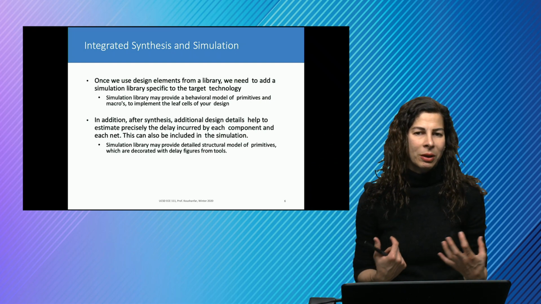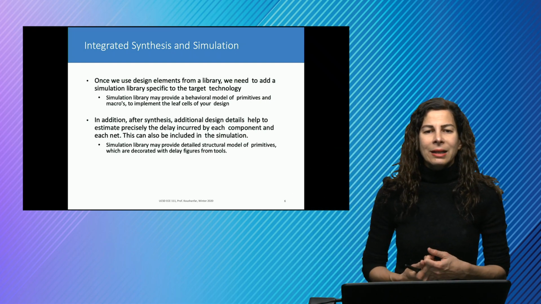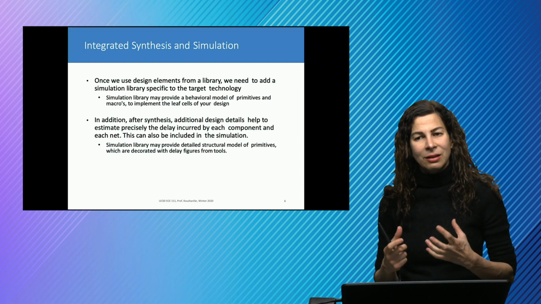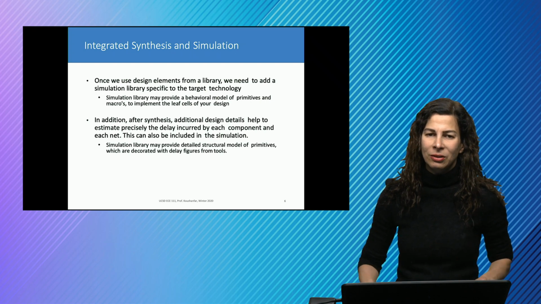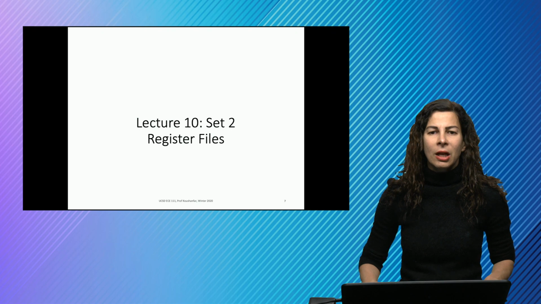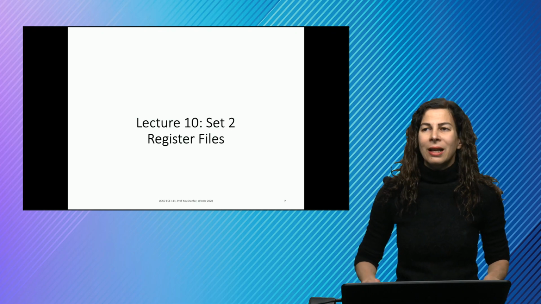We can't just generically simulate for every technology that we have. We can have a more precise simulation once we have an instantiation in a certain technology than just inference of a particular element.